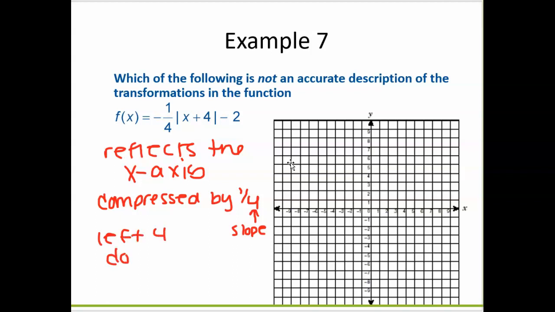And -2 will shift you down 2, making my vertex -4, -2. And it's a -1/2, so it's down 1 and over 4.